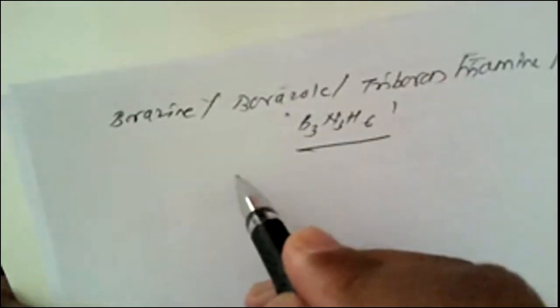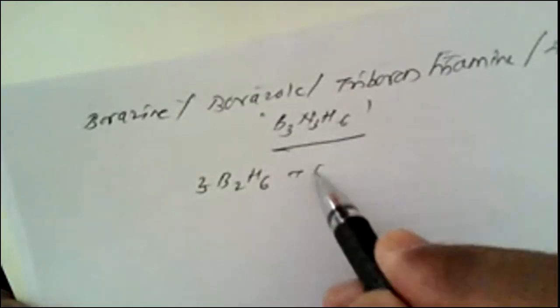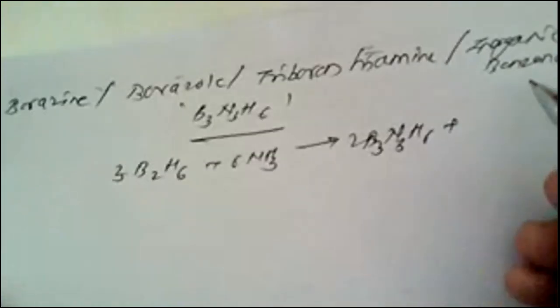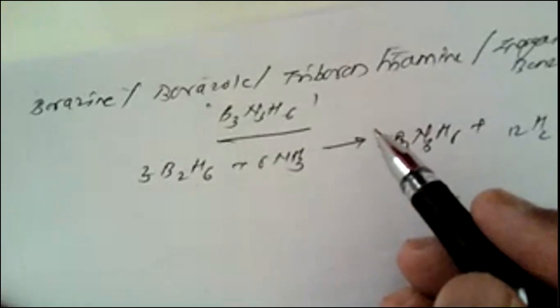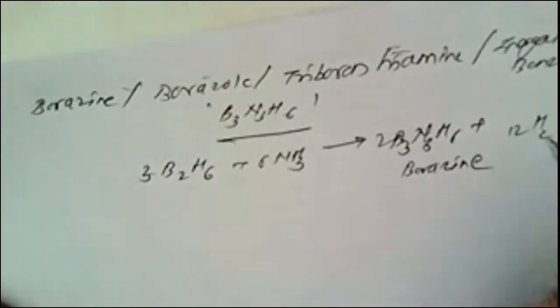It can be prepared by using this diborane, that is 3 B2H6, in presence of ammonia, it can be synthesized as 2 B3N3H6 plus 12H2. So this is a laboratory method of synthesis of this borazine or borazole.